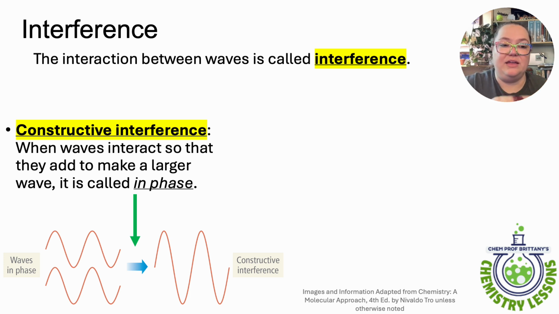And we call that being in phase. So in order to be in phase, you have to have sort of the same part of the wave interacting. So here we've got peak and peak, trough and trough hitting each other in the same places. So what that means is our waves add together and we get a bigger wave.